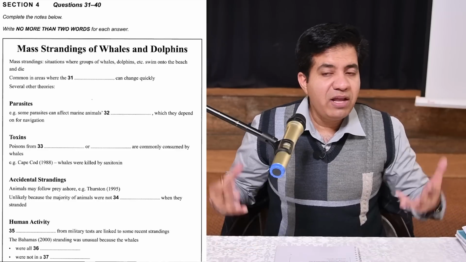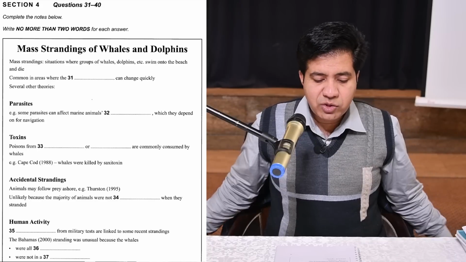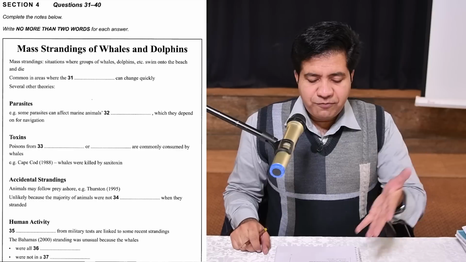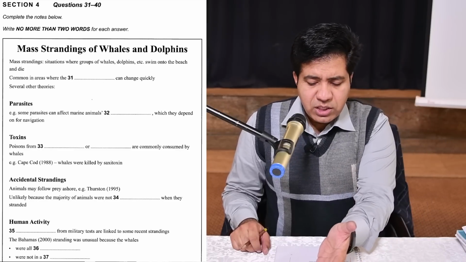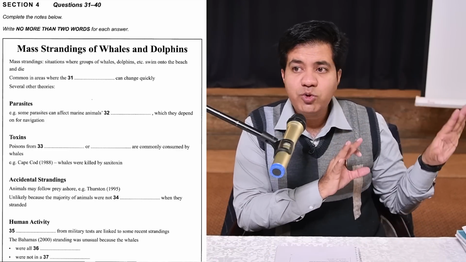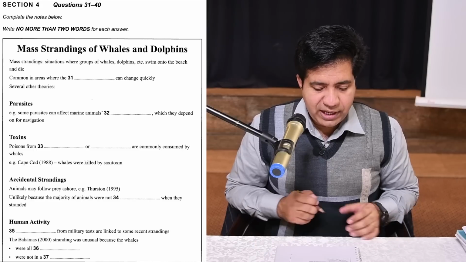You understand? When whales and dolphins come out of water on the beach and they are stuck there, that is called mass stranding. So mass stranding situations where groups of whales, dolphins, they've already mentioned, swim onto the beach and die. So if there is anything unusual, they will explain whether in the audio or on the question booklet.